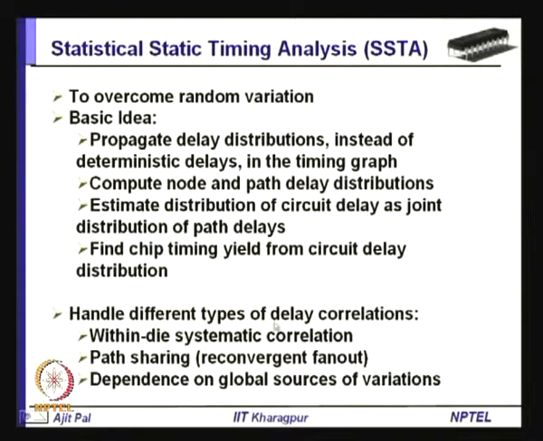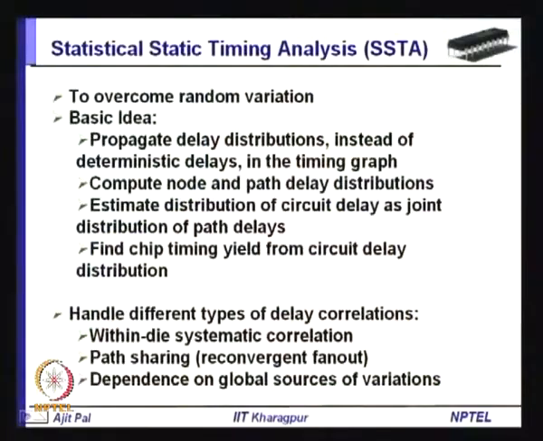So, handle different types of delay correlation: within die systematic correlation, as I have already told. There can be systematic correlation. That means different parts of the die can have different variations because of the imperfection in the photolithographic process, and path sharing, there will be reconvergent fan out, then dependence of global source of variations.